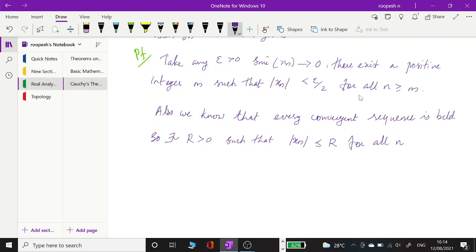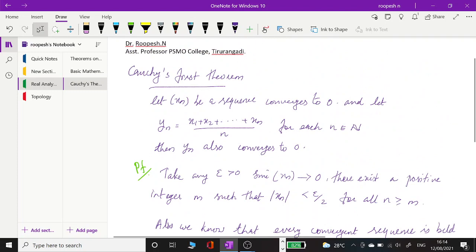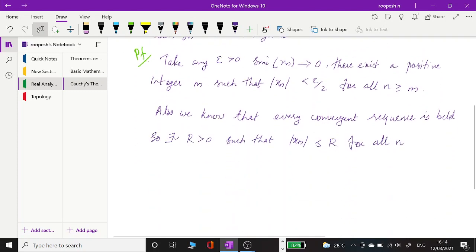By making use of these two ideas, we will prove that this sequence also converges to 0.